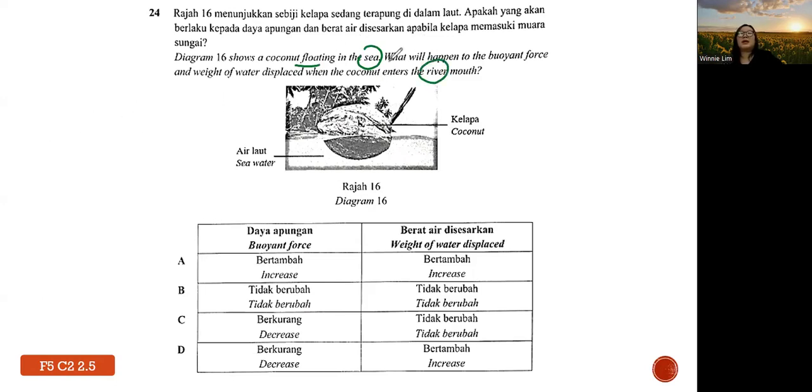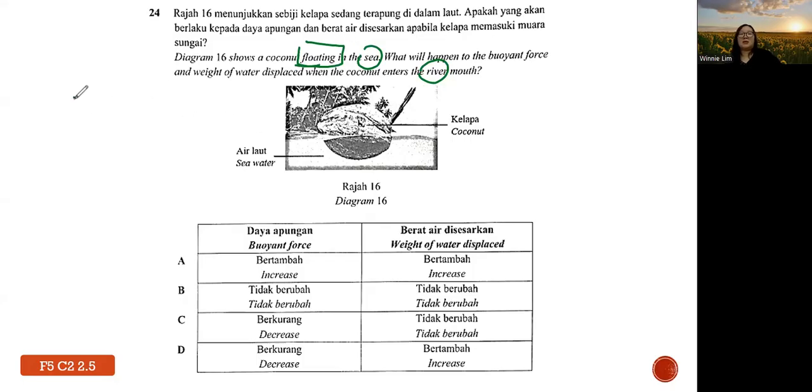Generally, the difference is about density. The water at the river mouth has a lower density. But is there any change in the weight of this coconut? No, right? So if the coconut is still floating in the river mouth, this is the idea.